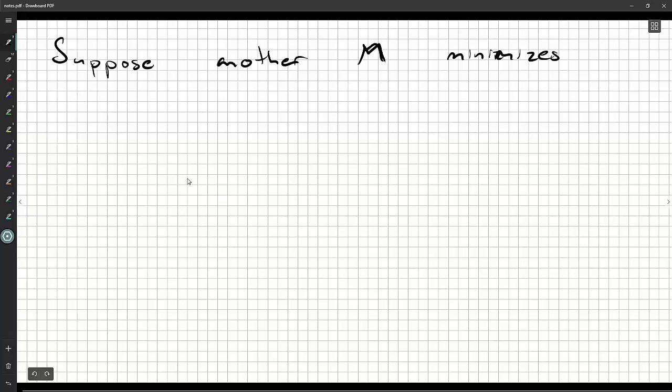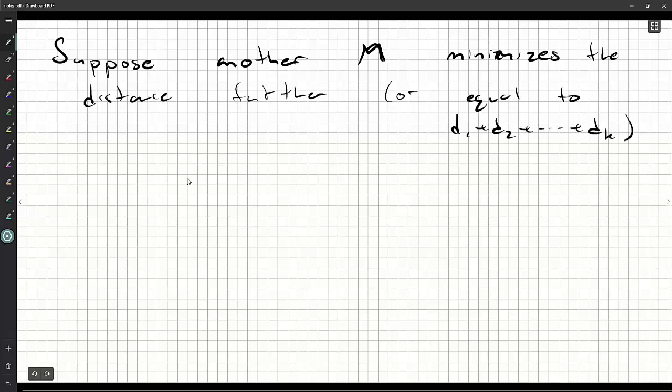Well, suppose another M, and if you wanted to, you could call it N or M prime or something like that, minimizes the distance further or equal to, you know, just if there's any other place that will get the same distance, but is not on segment, say, S1 S2K.